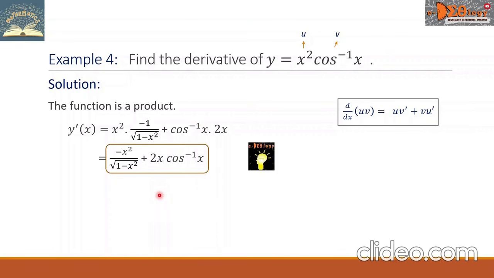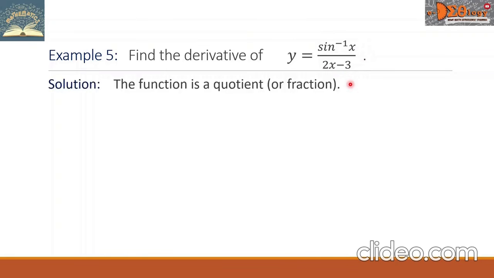Example 5. Find the derivative of y equals sine inverse x all over 2x minus 3. Note that the function is a quotient or fraction. Therefore, we're going to use the quotient rule.